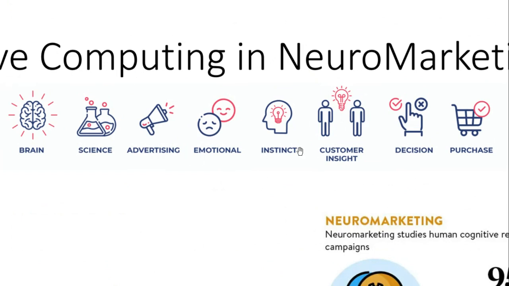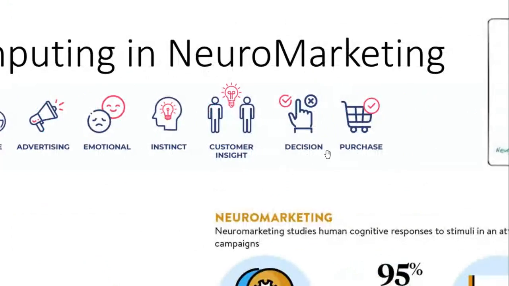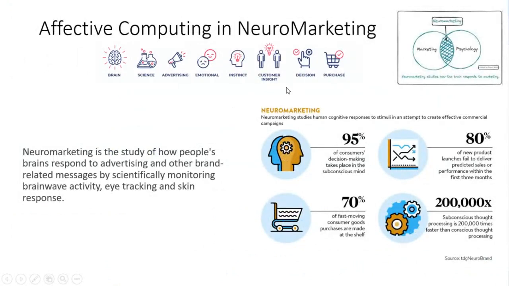Basically, it's all about the behavior of people, consumer behavior when it comes to products. You also generate consumer insights, and see what happens when they make decisions or purchase a product, maybe to buy or not to buy. That is what happens there.